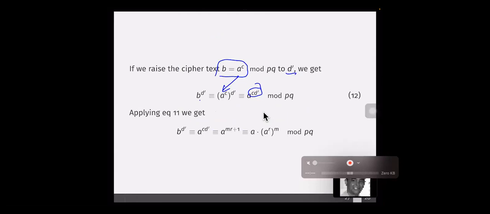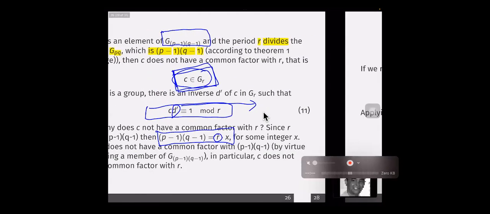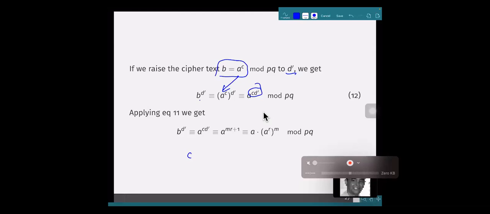But there's another derivation. Since CD prime is equal to 1, it means that there is an M, which we don't care about, so that CD prime is equal to M multiplied by R plus 1, that is, mod R. CD prime is equal to MR plus 1.